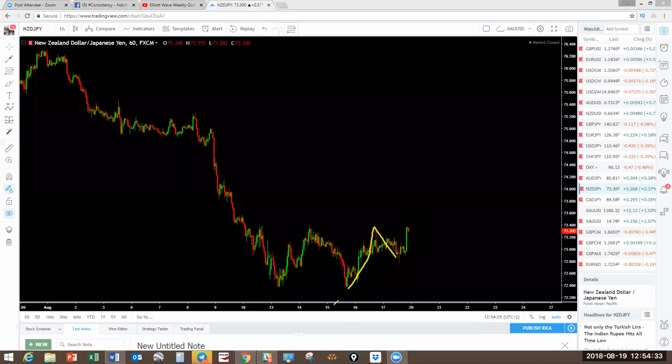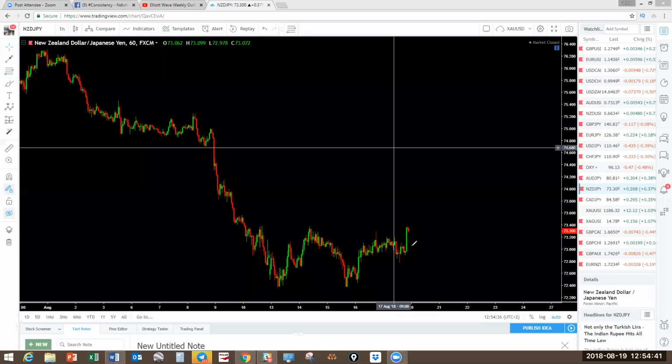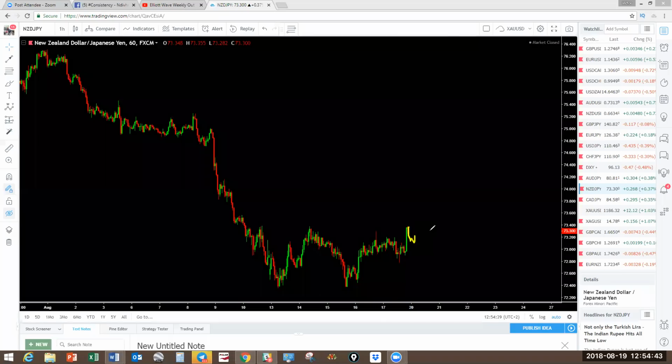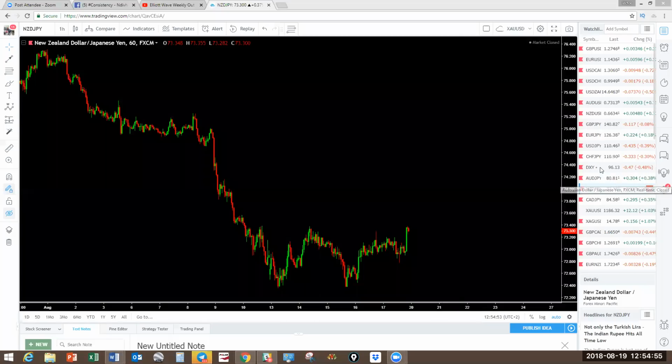You need to wait for that confirmation. You need to get them to do one and a correction here like that. Otherwise, if they all just correct and give you structures like this, then it means you're going to get one more to the upside. So you see, the market will tell you which one is coming either way, and you won't miss it. All right.